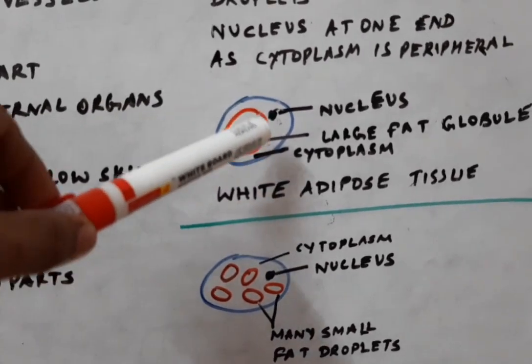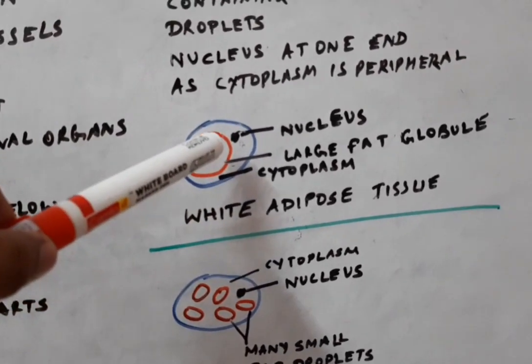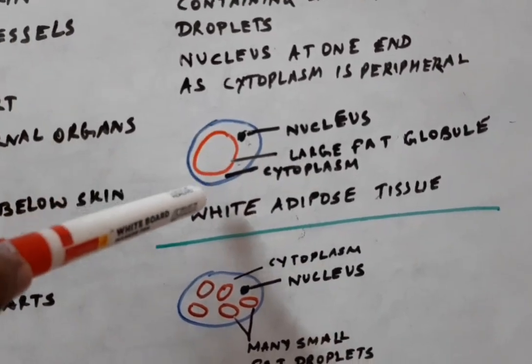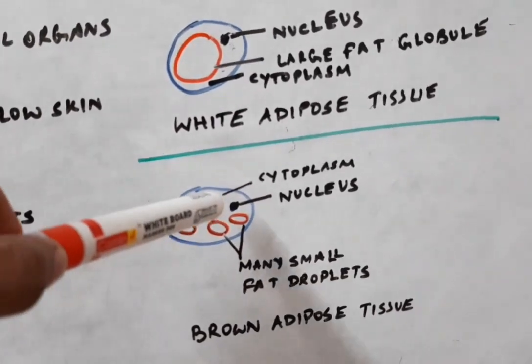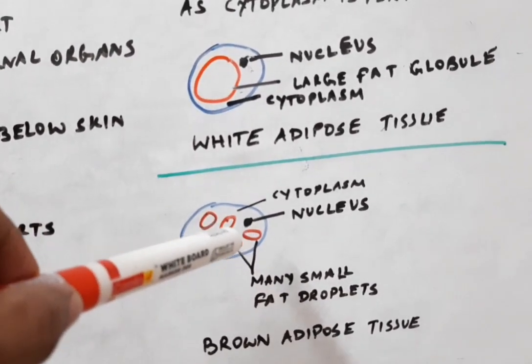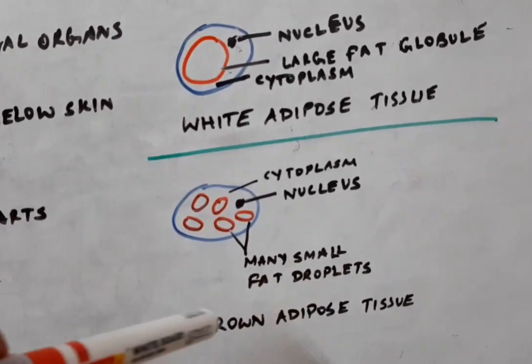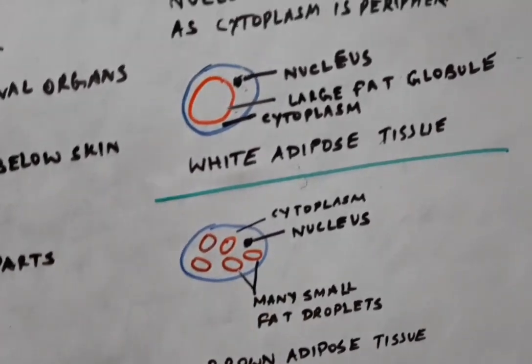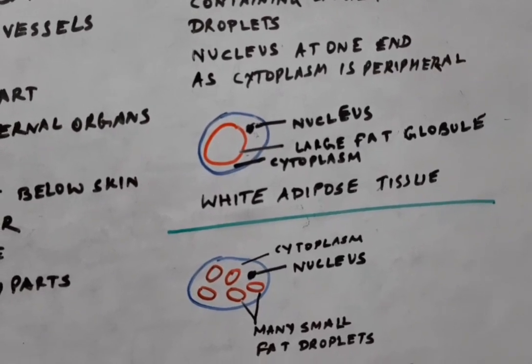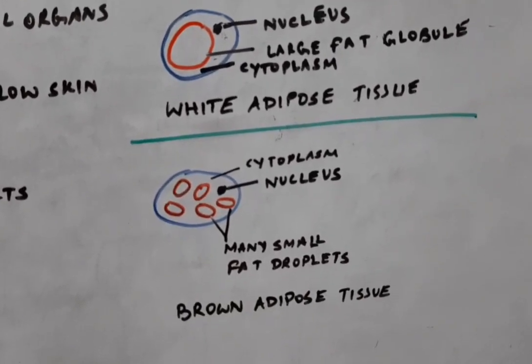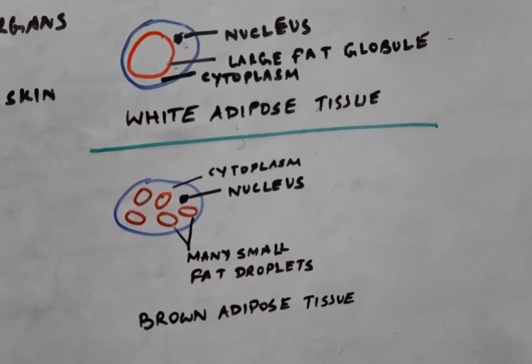You can see here there is a single large fat globule present in the cell. So this is white adipose tissue. If the fat droplets are more than 1 and small in size, then it is called brown adipose tissue. So white adipose tissue contains a single large globular fat droplet, while the brown adipose tissue contains many small fat droplets.